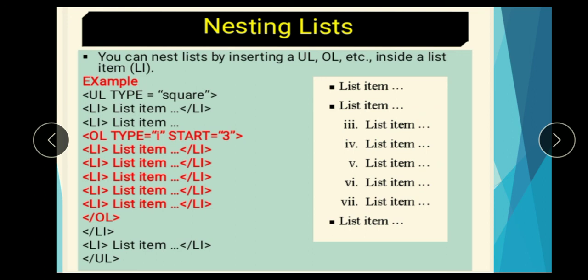So this is called a nested list, because one list opens here and closes here, and inside this unordered list you use an ordered list and close it here. One list inside another is called a nested list. Either an ordered or unordered list, when you use one list inside another list, you call it a nested list.